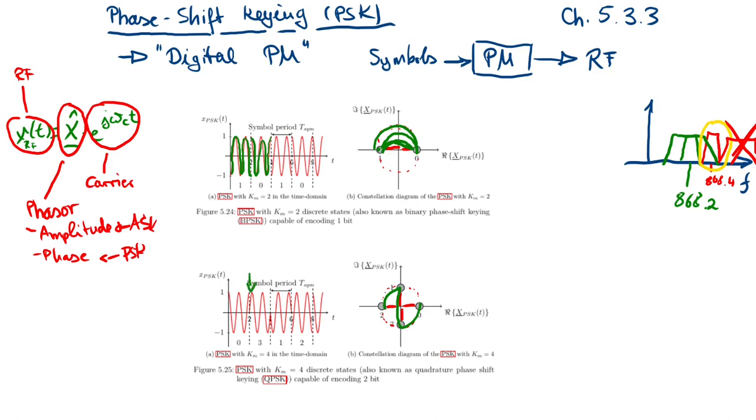And these phase jumps can be seen here. So the symbols are just encoded in the phase of the carrier.